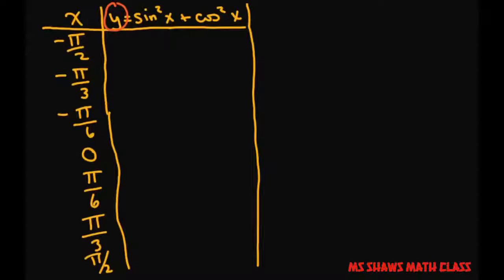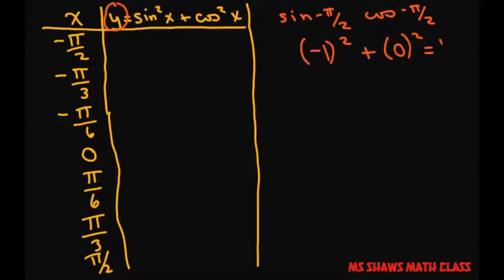So we're doing sine of negative pi over 2 and cosine of negative pi over 2. Sine of negative pi over 2 is negative 1, so we square that. Cosine of negative pi over 2 is 0, square that, and that gives you 1.